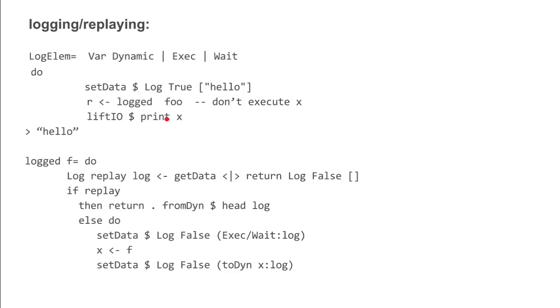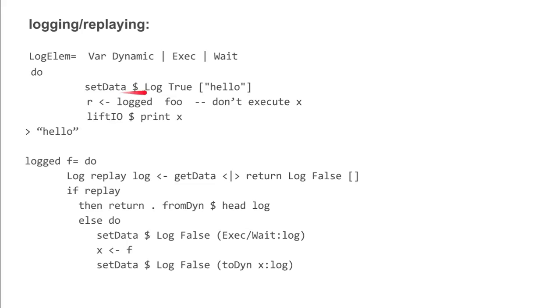So what print x prints is the logit thing. If we don't have this, what logit does is execute foo and put the result in the log using a sentence similar to this. So at the end, we have the state filled with the log of this execution.